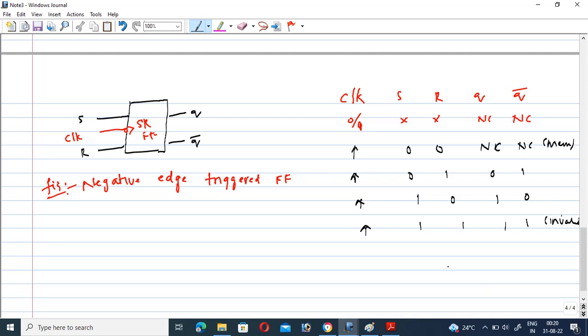Here I can find the characteristic equation. For that purpose I have to take the K map in terms of S, R and Q values. I will draw it neatly.